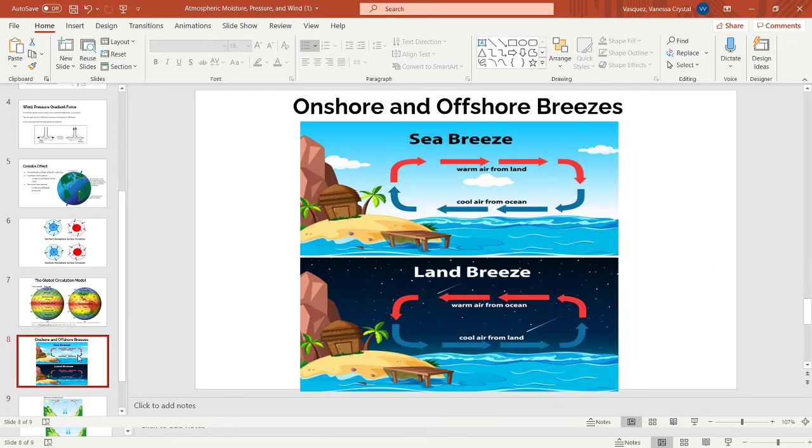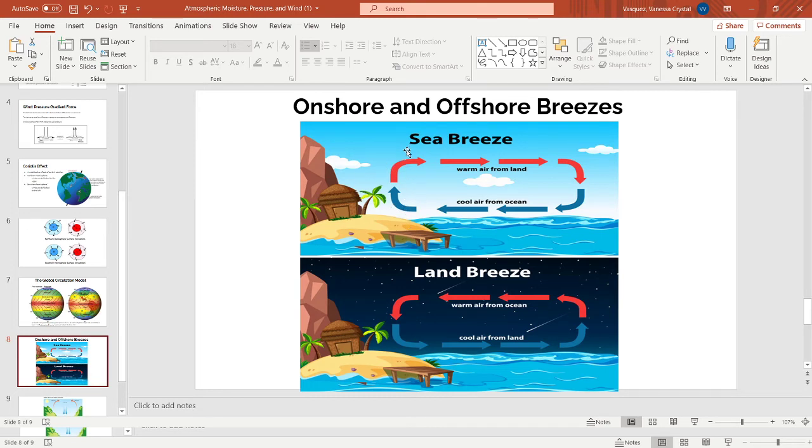The next concept is onshore and offshore breezes. The main factor you should know is that land heats up and cools more quickly than water. In this scenario, this is an onshore breeze. The island is heating up faster than the ocean, causing a low pressure here.